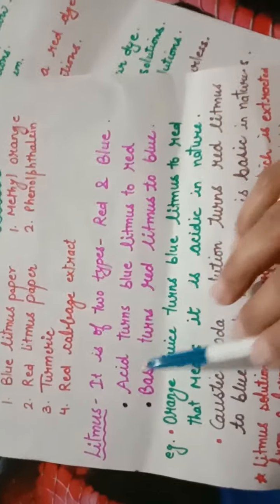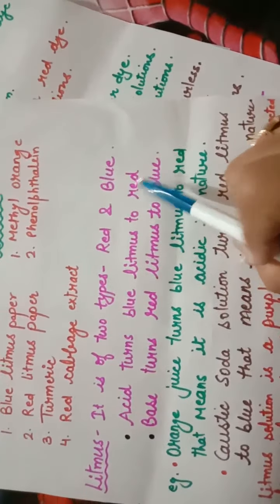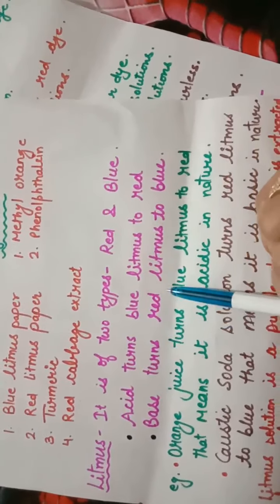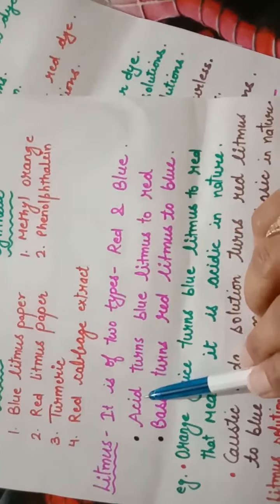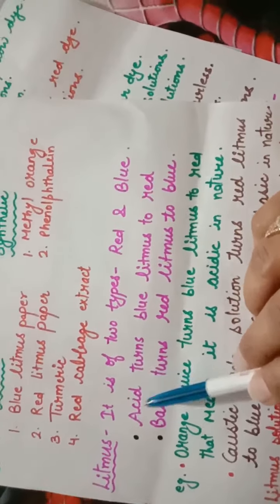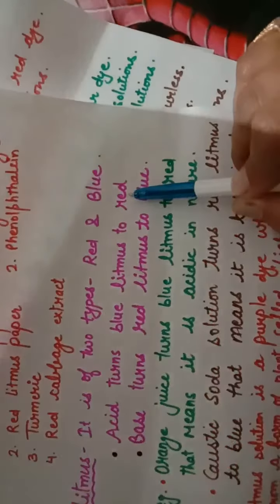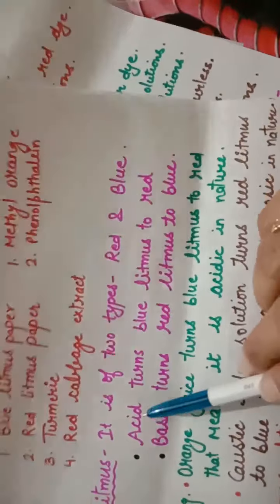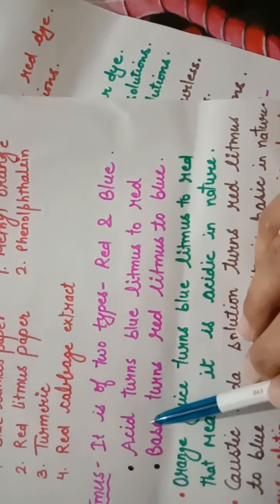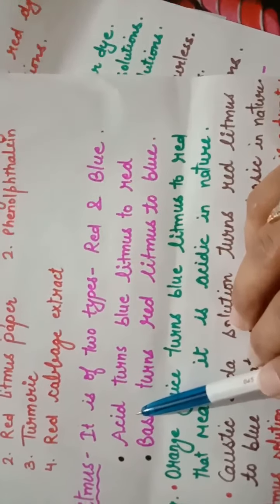So acid turns blue litmus to red and base turns red litmus to blue. That means if we use an acidic solution and we use blue litmus paper, it gets converted into red color. But if we use red litmus paper on acid, then there will be no change in the litmus color.